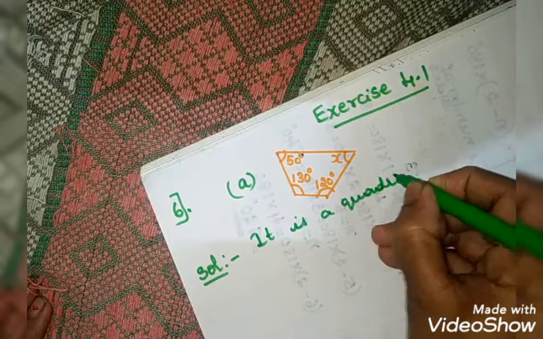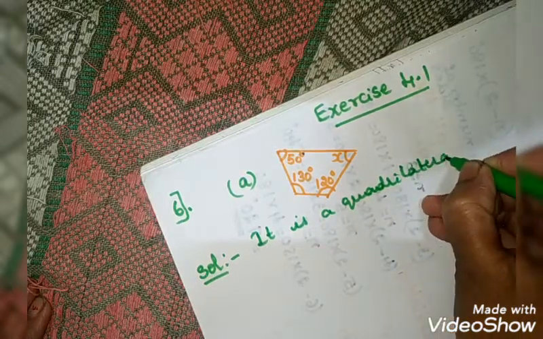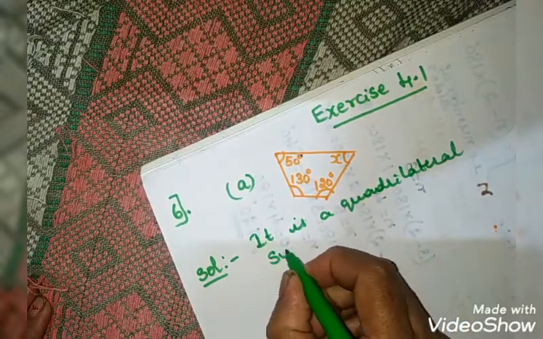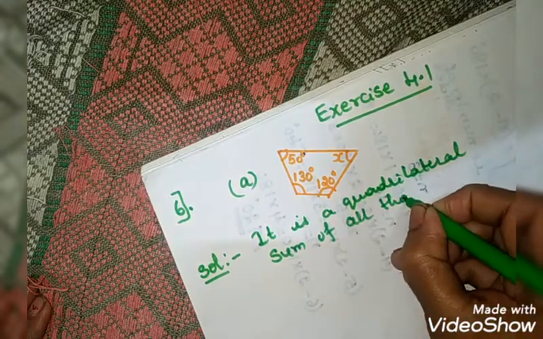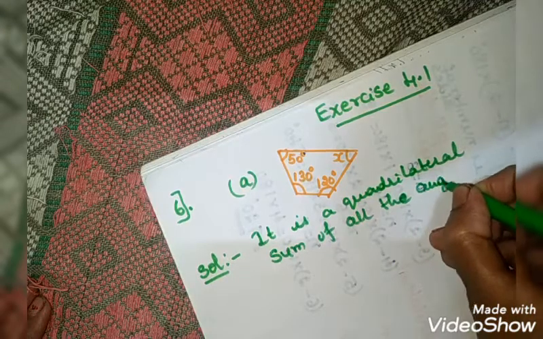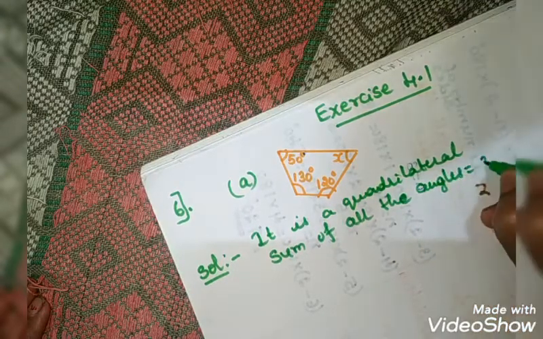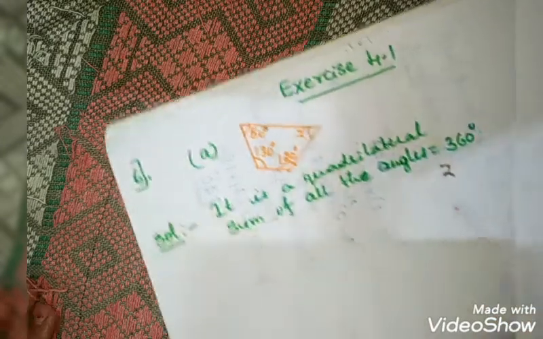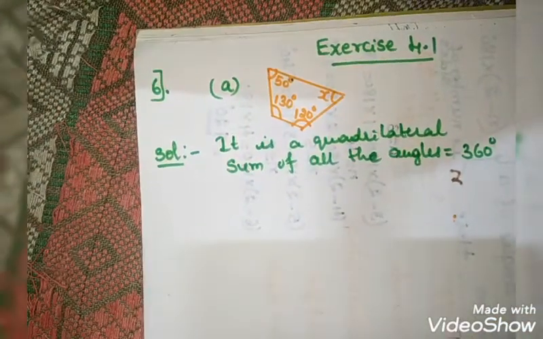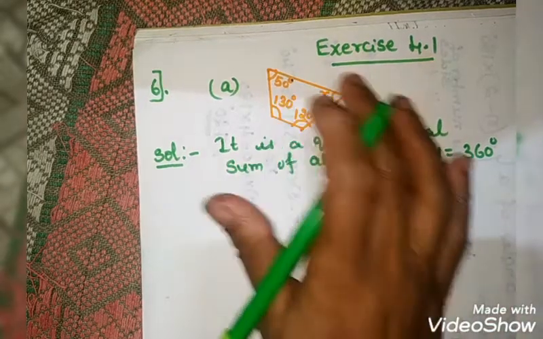In a quadrilateral, what is the sum of all the angles? The sum of all the angles is equal to 360 degree. Correct, no children? It is 360 degree, the sum of all the angles.